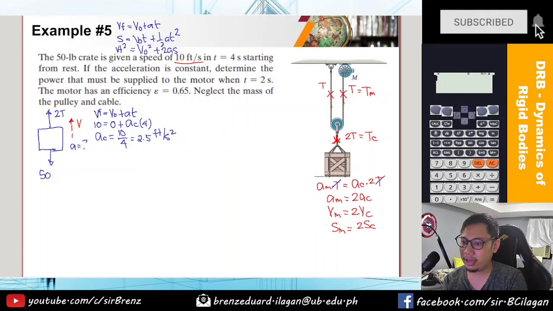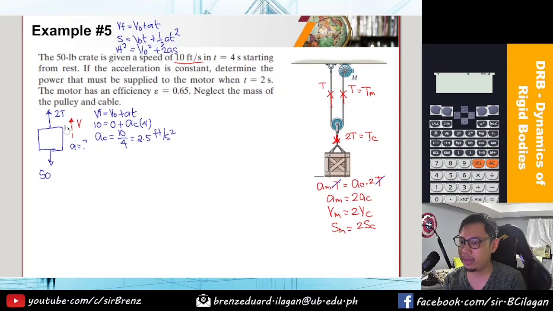After getting the acceleration, knowing the motion is going upward, what will exist? A reverse effective force going downward. Here we use the acceleration we computed, 2.5 feet per second squared.